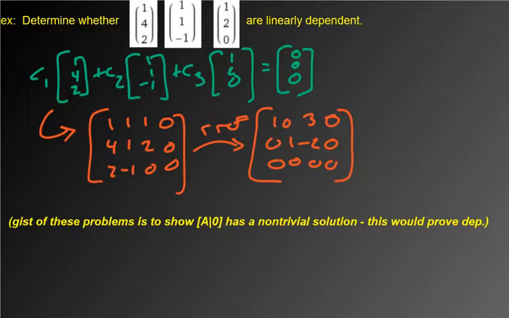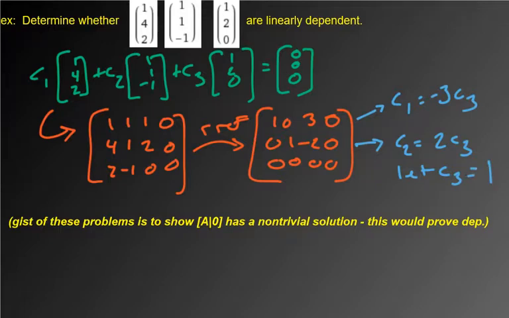If you think about what this line says, it's basically saying C1 equals negative 3 C3. This line says C2 equals 2 C3. C3 is a free variable here, so you could let C3 equal anything you want.